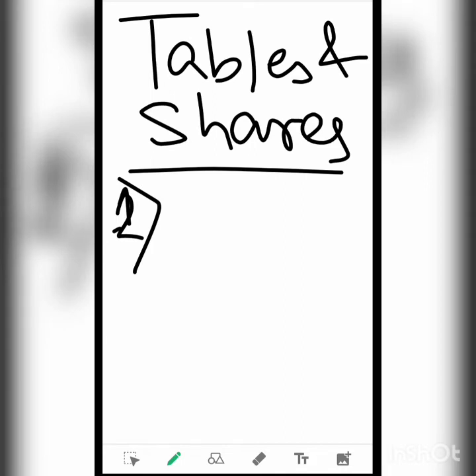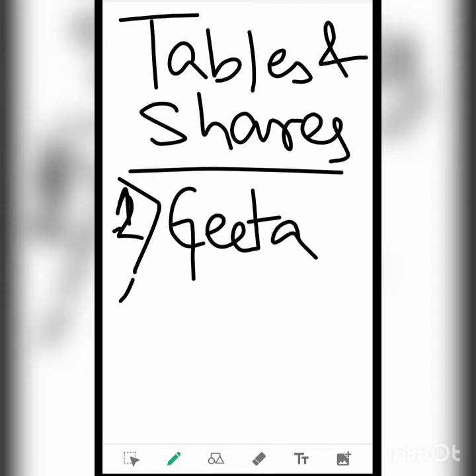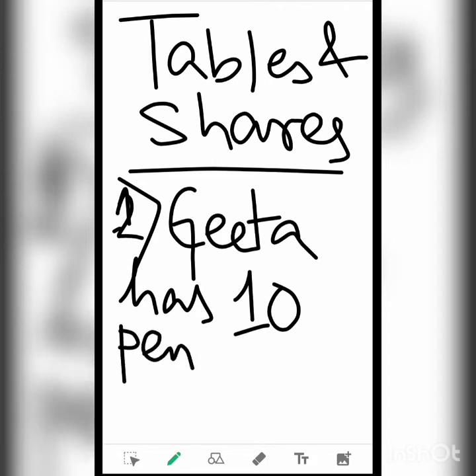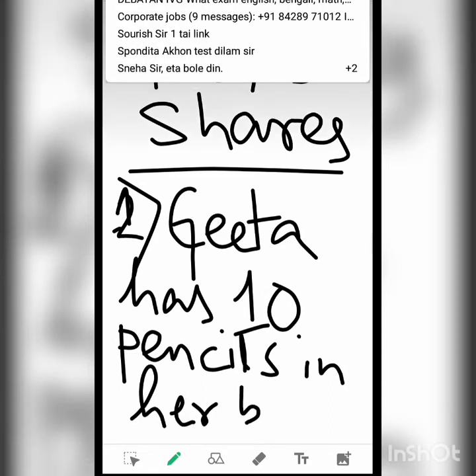We write, Geeta has 10 pencils in her box. Suppose Geeta has 10 pencils in her box.